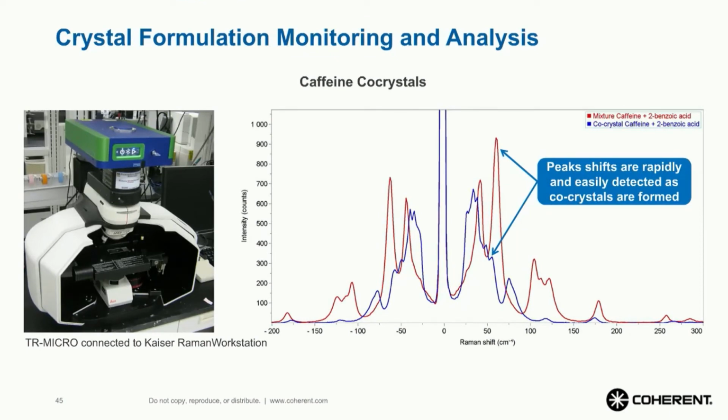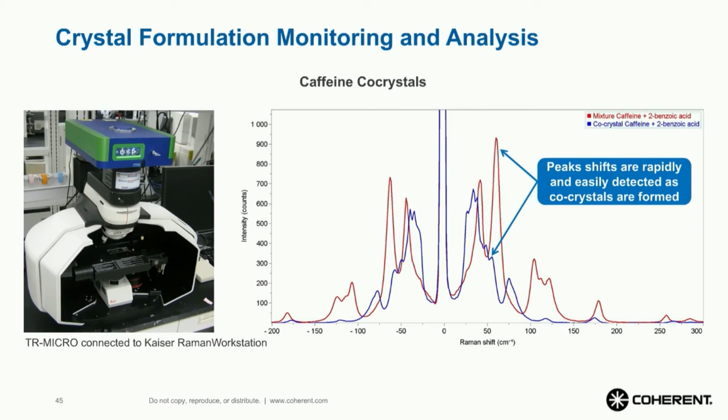Similarly, if we were to look at a microscope configuration attached to a THz-Raman workstation, we're able to use Micro-Raman for high spatial resolution imaging and mapping for a co-crystalline application and be able to see the formation of co-crystals.